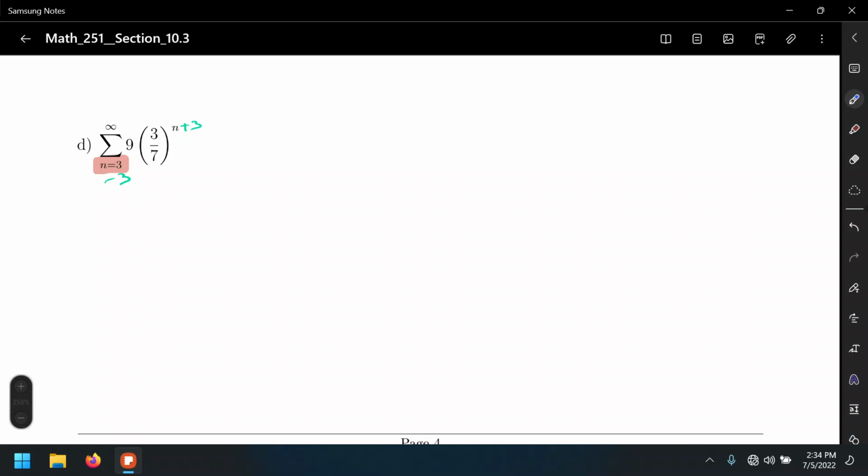So that'll make the series go from n equals 0 to infinity, 9 times (3/7) to the n times (3/7) to the third power. Let's just simplify the numbers.